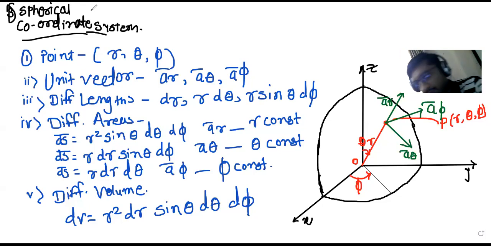No, no, they will not appear at 130. They will directly appear at 230. Yes.